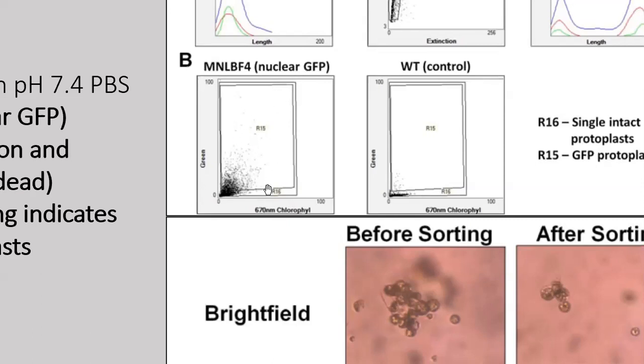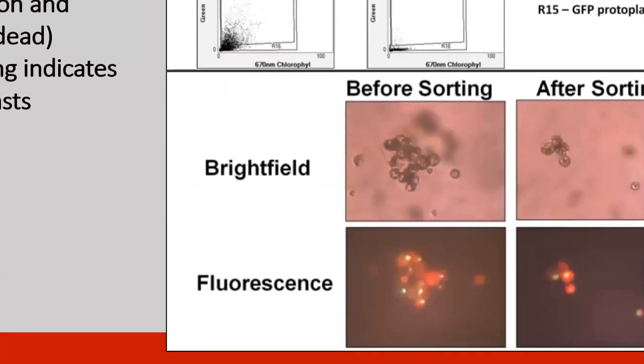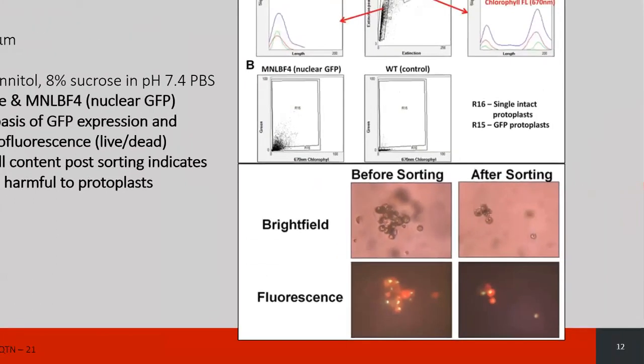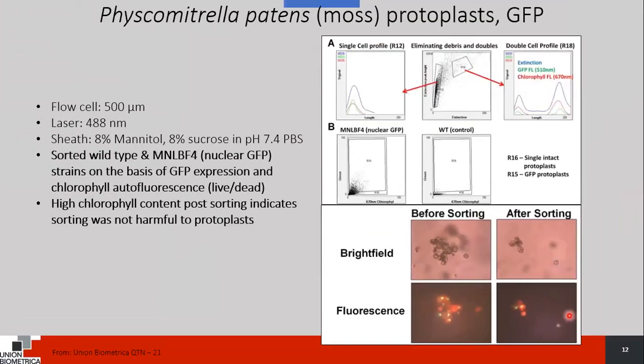And when you sort out the protoplasts from this population and take a look at them under a microscope, you do see that the nuclei do have green fluorescence within the nuclei.